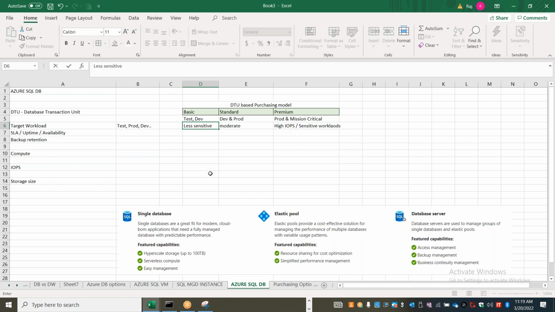At the end, a database transaction unit is the round trip between your application and database, but to improve it you have to provision more backend resources. You need to increase the memory and the capacity so that you get higher DTU, or higher transactions per second. So DTU is a measurement of the round trip between your application and database, but the DTU improves when you increase the backend resource sizing. You need to understand that.